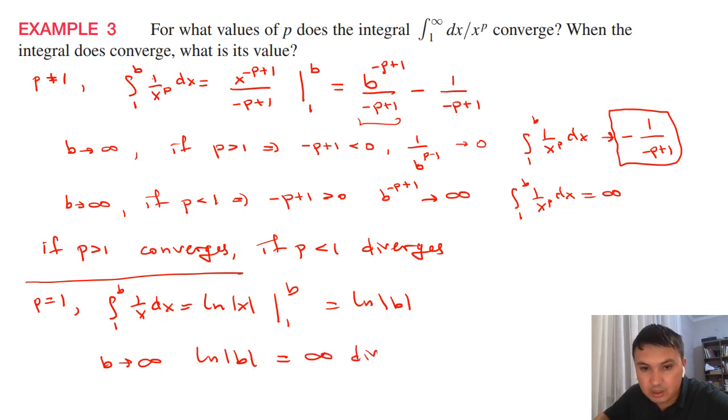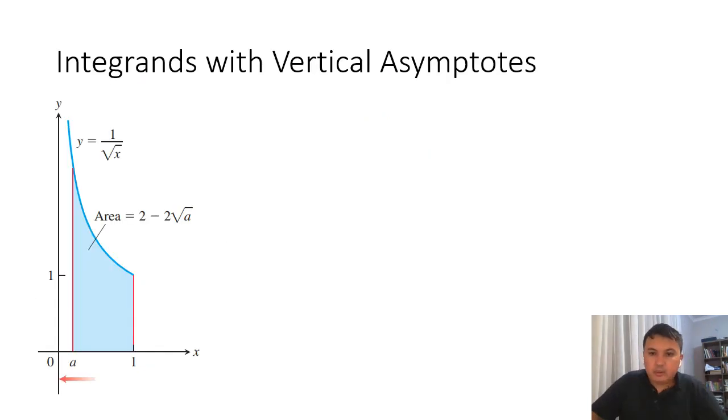So again, it diverges. Okay? So the conclusion is, if p is bigger than 1, the improper integral converges to minus 1 over minus p plus 1. Otherwise, it's going to diverge. So it doesn't exist.